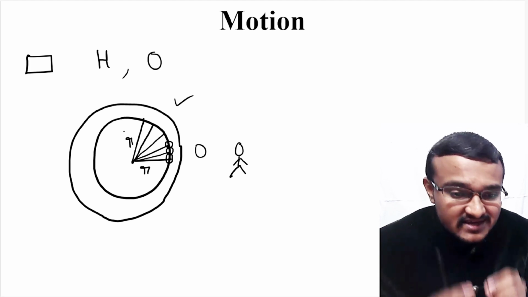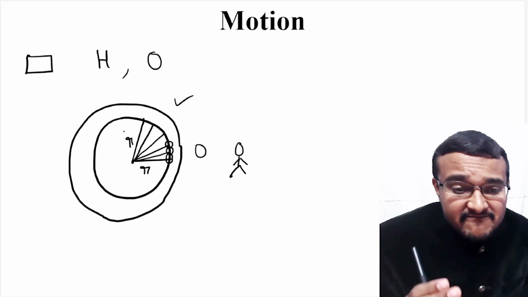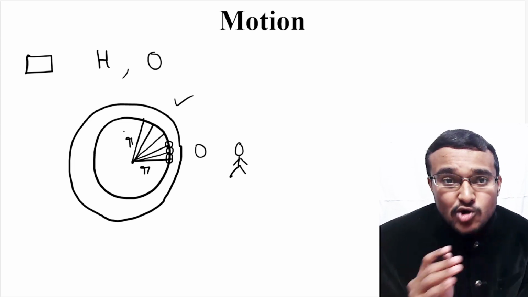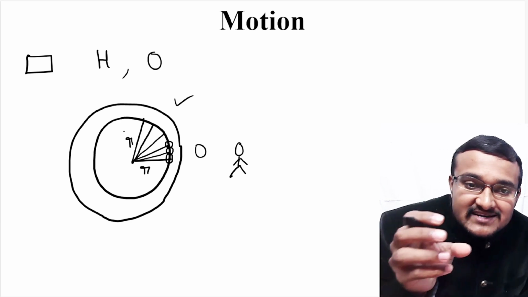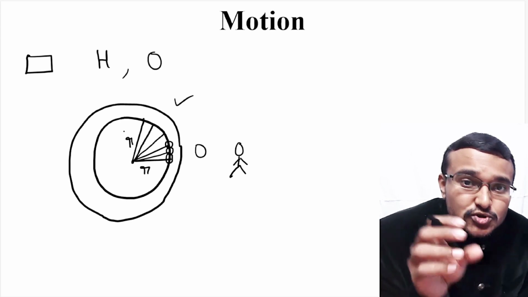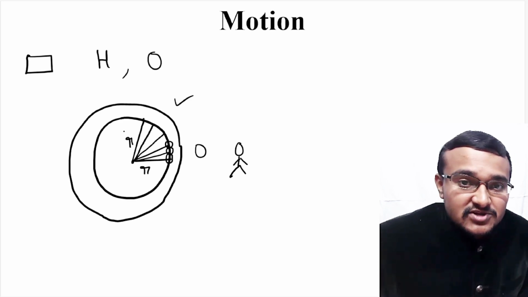So here a constant and same amount of change in direction is happening at every point on this circular path in order to remain on it. They are constantly in motion, and also constantly changing direction in order to remain on the circular path.